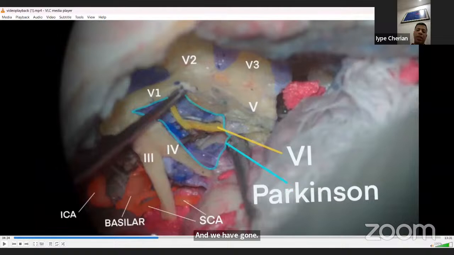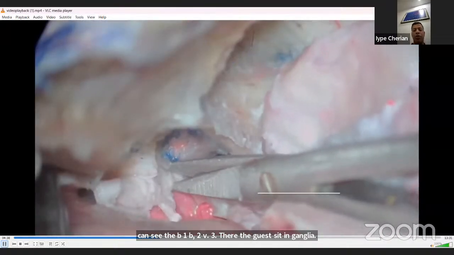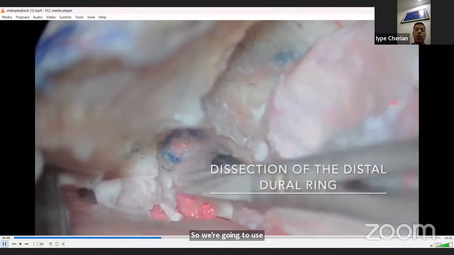And you can see the basilar there. You can see the SCA there, third, fourth. And you can see the sixth nerve there. You can see the V1, V2, V3 there, the Gasserian ganglion there. So we're going to use this anatomy for two cases. That's what I'm going to show you also.